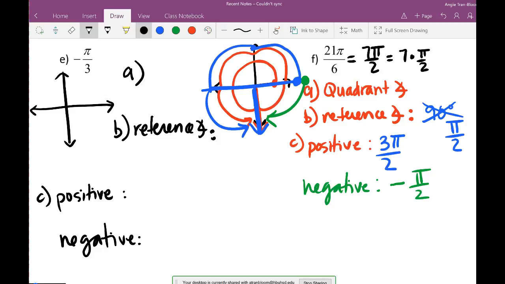What's your drawing? 60. Can I do this and add the pi over 2 and the pi over 6?